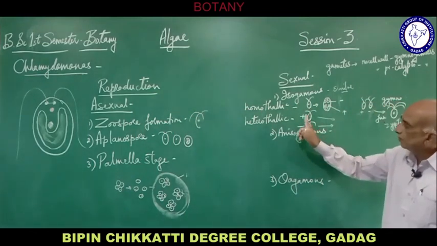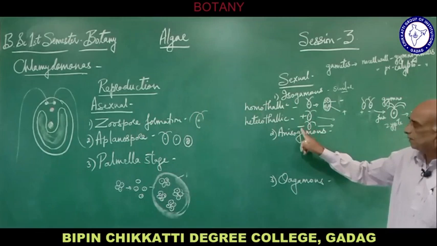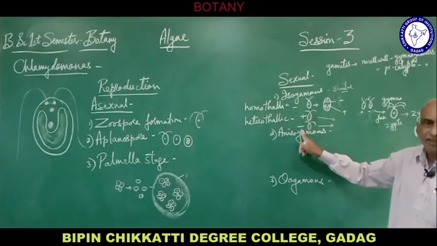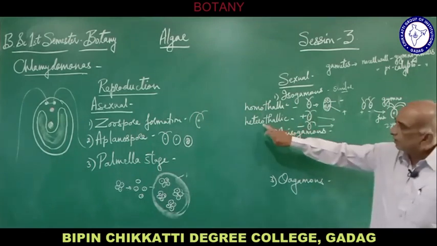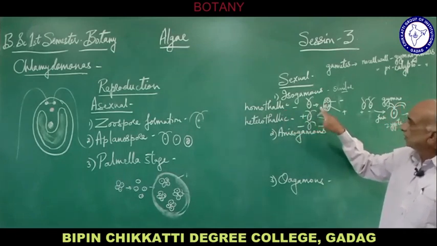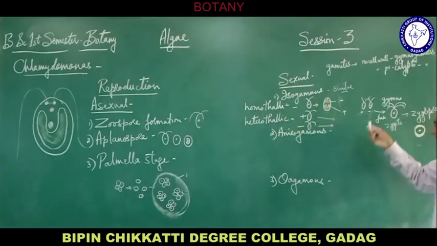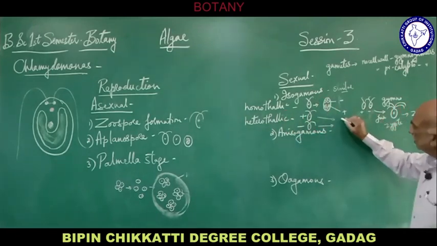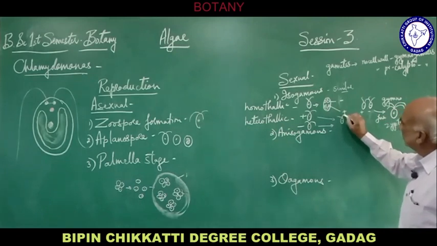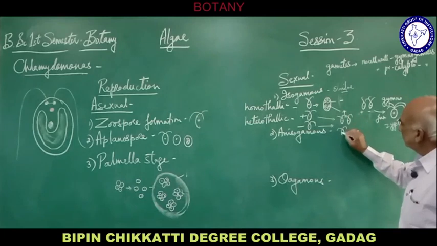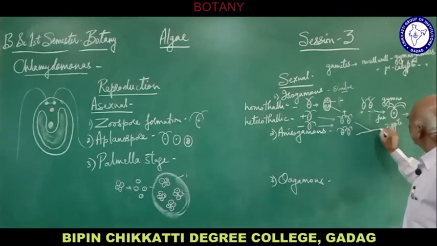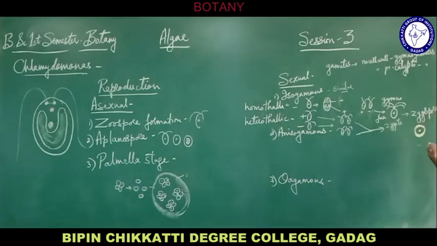Plus type from one type of cell, minus type from another type, means the male type and the female type cells are separate. They are called heterothallic. So that is isogamous. Gametes are the same. Here also the gametes are the same. These are the male gametes, and these are the female gametes like this. So these will fuse and form the zygote, and the zygospore is formed.